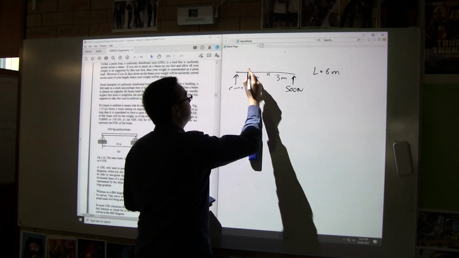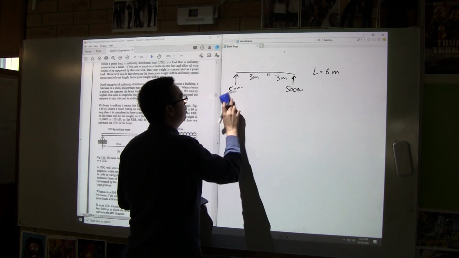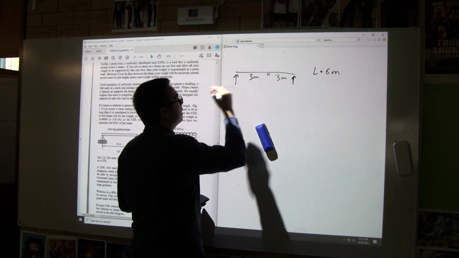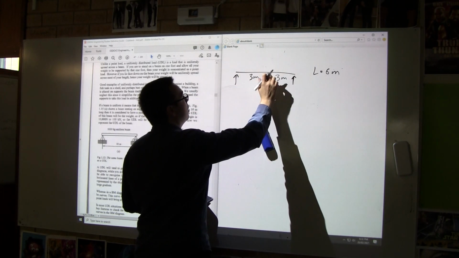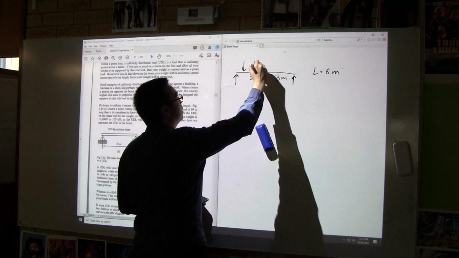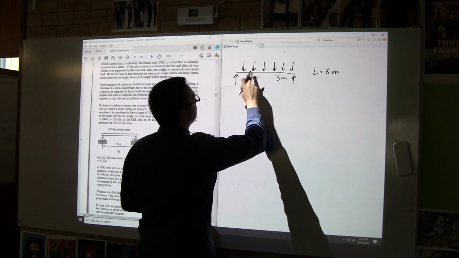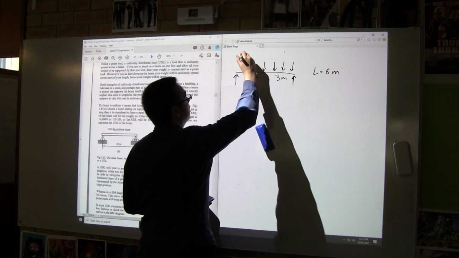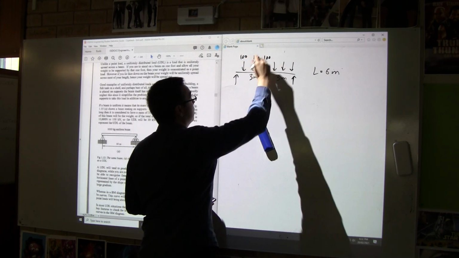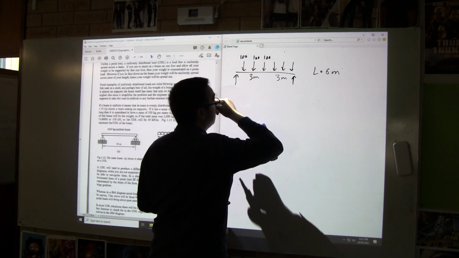We're just going to say it's 100 newtons each meter, so 1 meter, 2 meters, 1, 2, 3, 4, 5, 6.